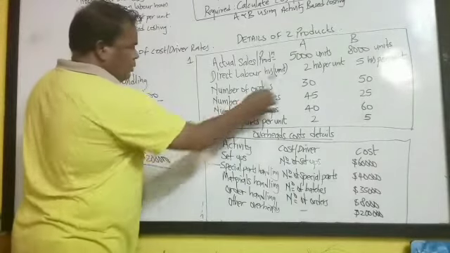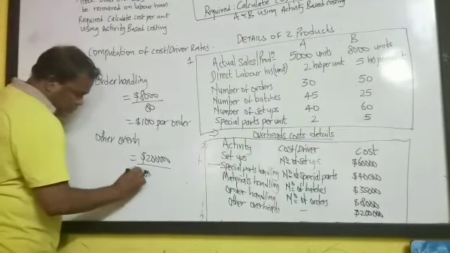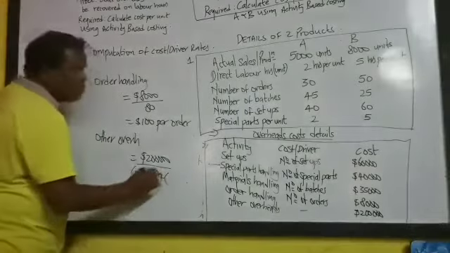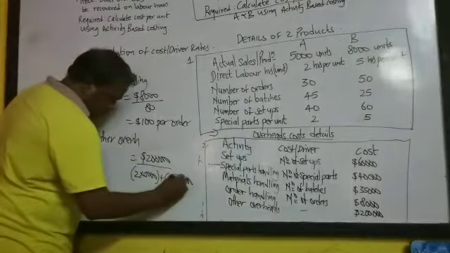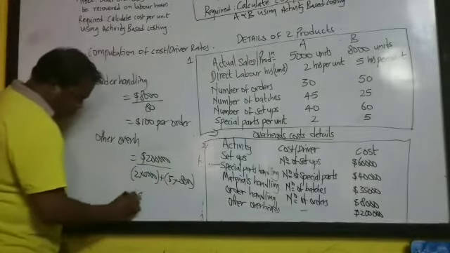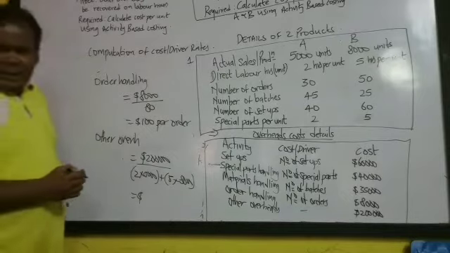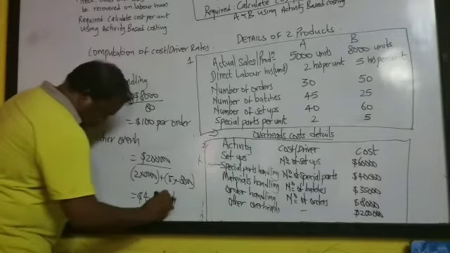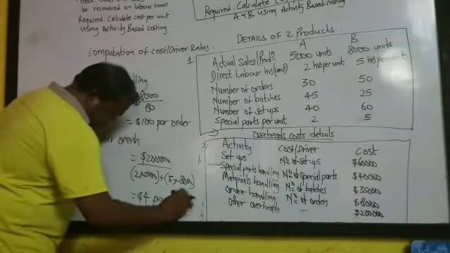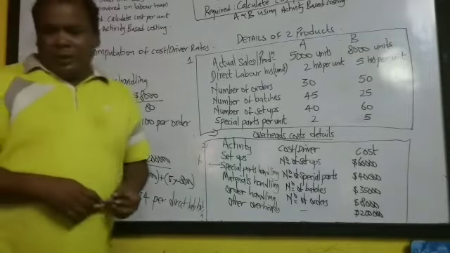We have labor hours 2 times 5,000 plus 5 times 8,000. So we divide. Other overheads will give us 4 per direct labor hour.